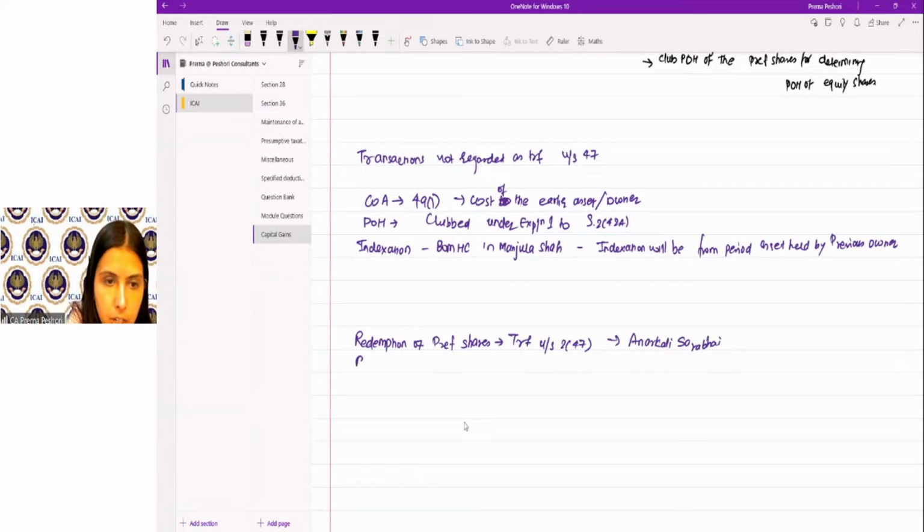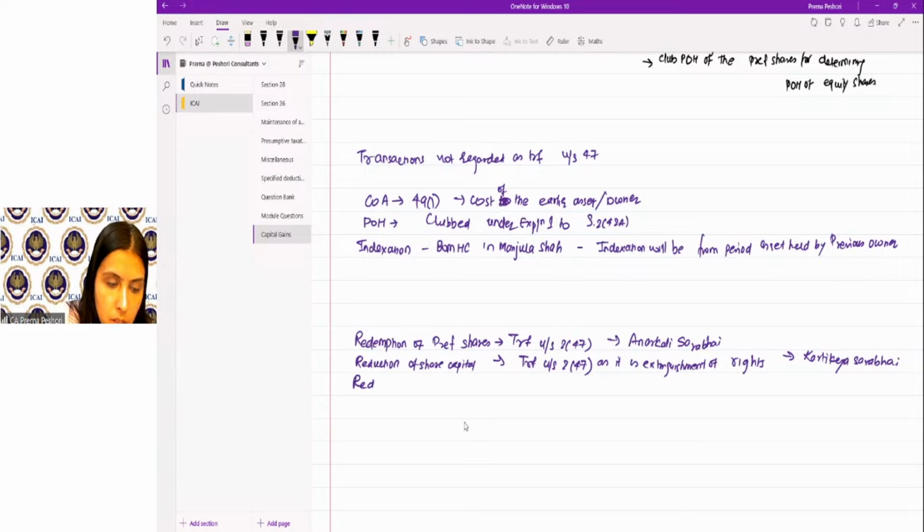Then reduction of share capital. This is also transfer under section 2(47), as it is extinguishment of rights. Kartikeya Sarabhai.